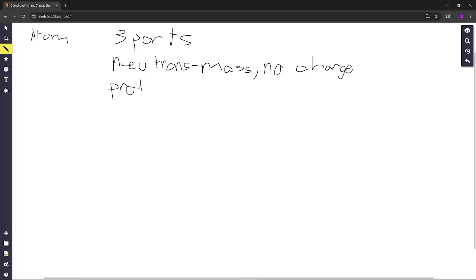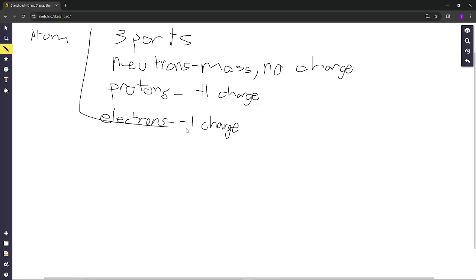Protons, on the other hand, do have a charge. They have a +1 charge, right? And then electrons, where you might be able to guess, have a -1 charge. So, you know all this, right? You get these three parts to an atom.